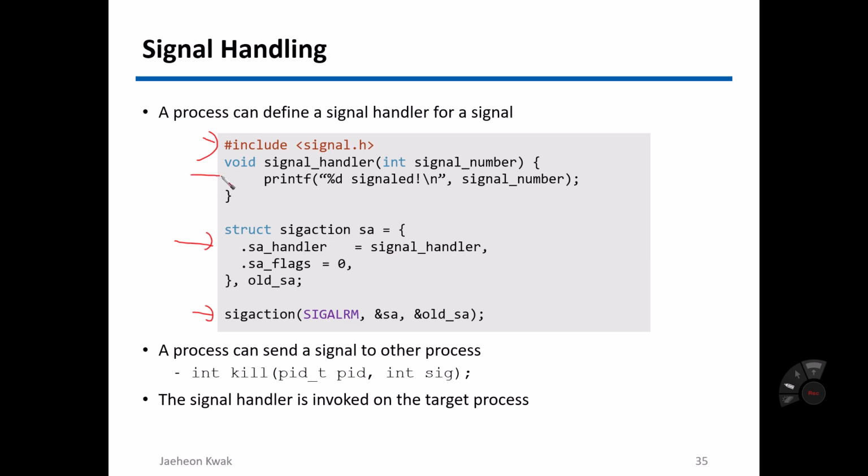In this example, it takes this SIGALRM signal and simply prints the number of the signal. And we can send a specific signal to a process by using this kill function.